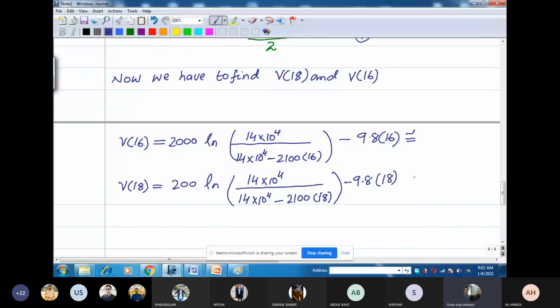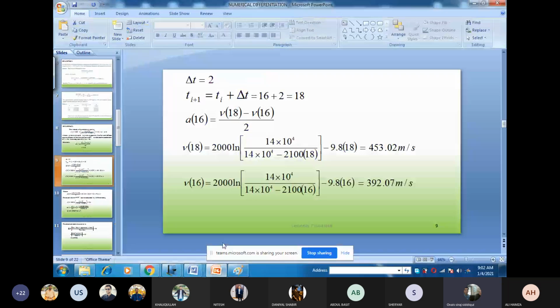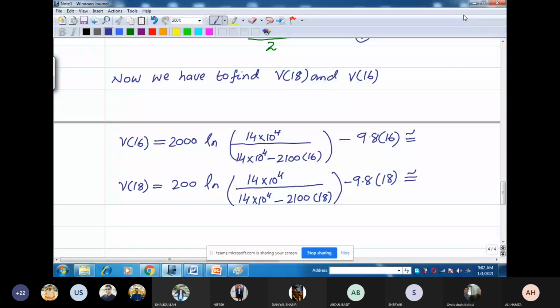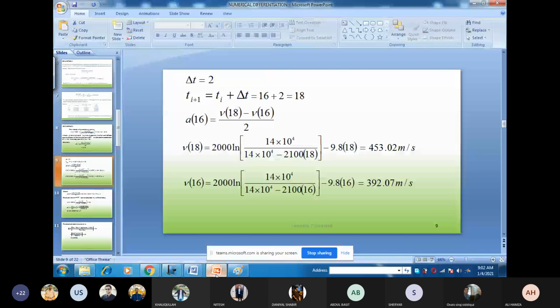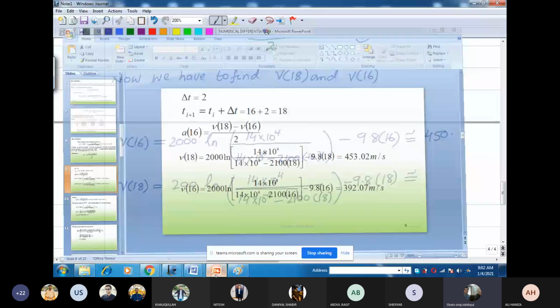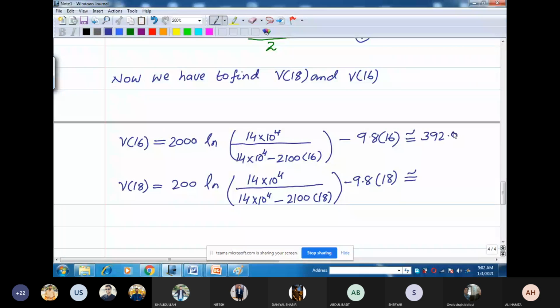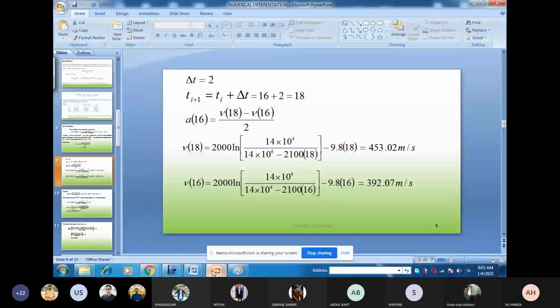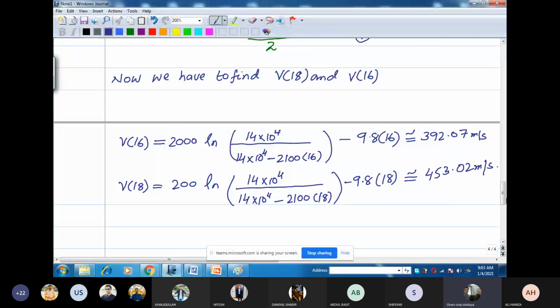This is approximately equal to 392.07 meters per second at 16, and at 18, 453.02 meters per second.